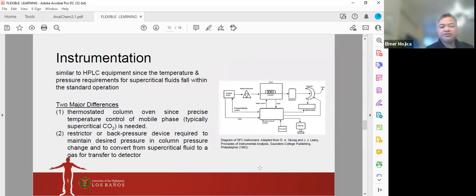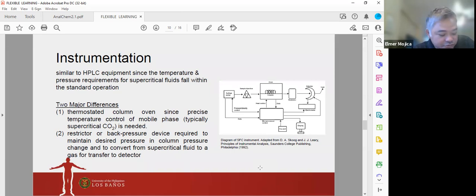Now, if you look at the instrumentation of SFC, it's very similar to HPLC, since the temperature and pressure requirements for supercritical fluids fall within standard operation.